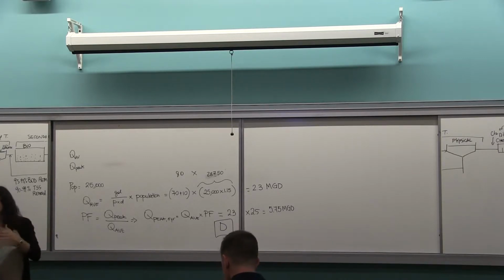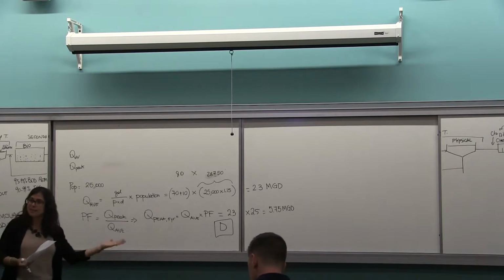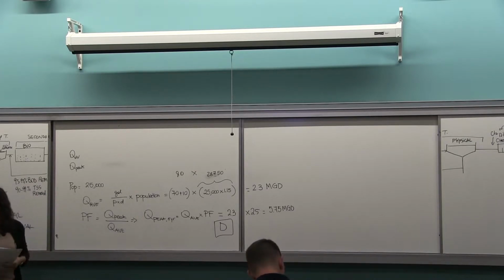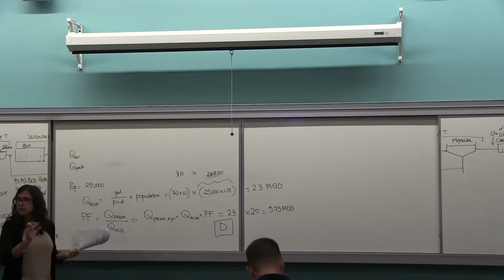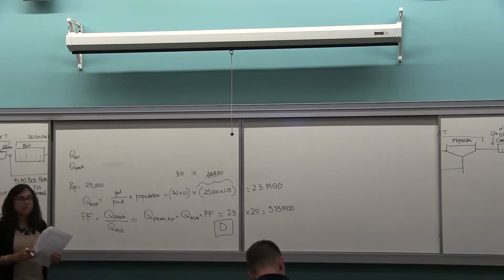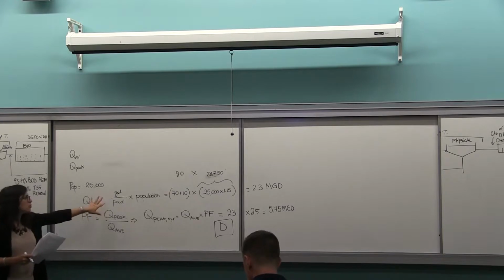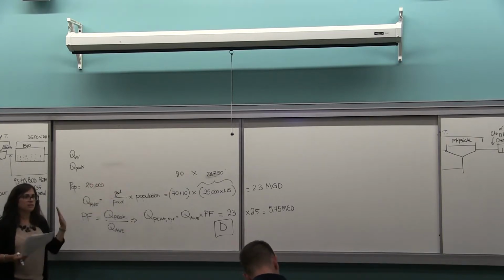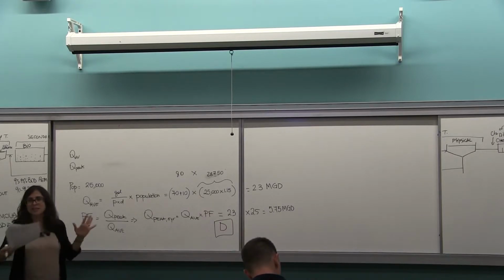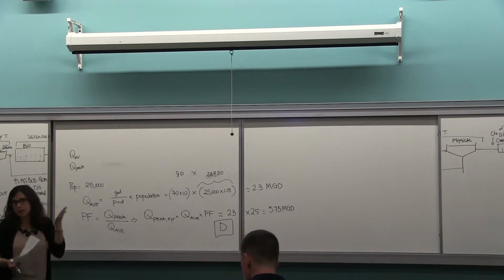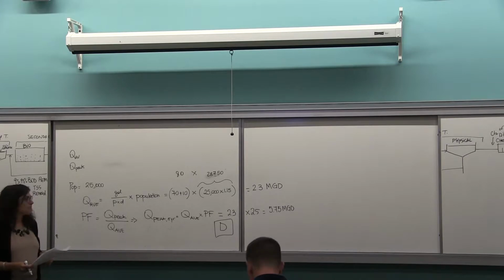Usually the wastewater is less than the potable water that we use, just because some of the water goes for irrigation and stuff like that, but we can use that number. And this is usually provided like that. If it's not provided, 100 to 120 gallons per person per day is usually the estimate used to design. All right?